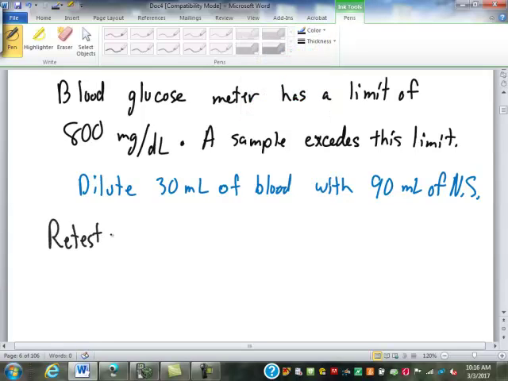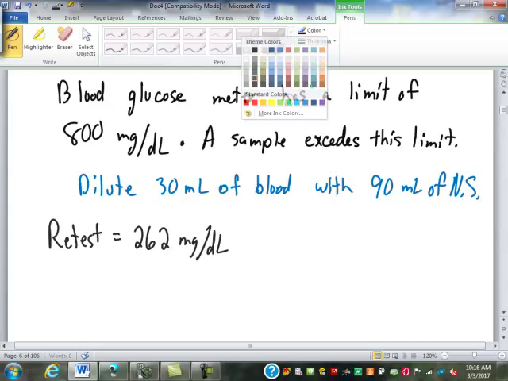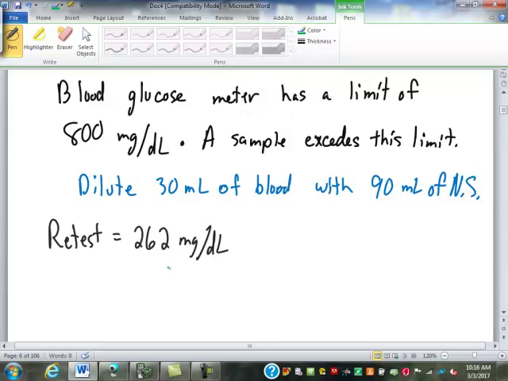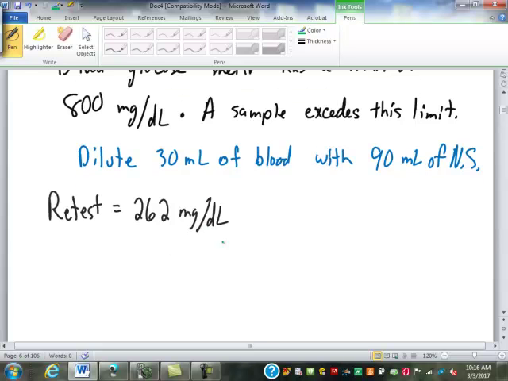So now we retest the blood, and we get a new reading of 262 milligrams per deciliter. Now I realize that would be a pretty high reading even without diluting the blood, so this person's in trouble. But let's take a look. What is the real reading? The true level of this blood sample.